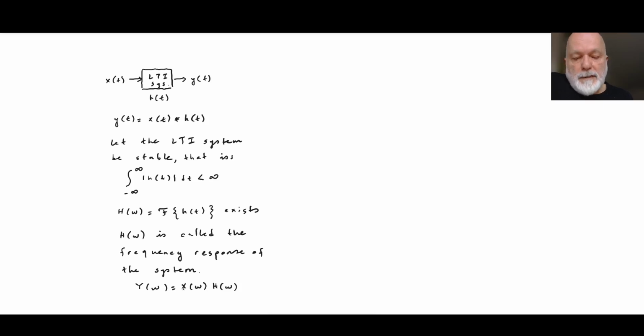Now, first of all, let us explain why we call the Fourier transform of h of t the frequency response of the system. Now, consider the case where x of t is the complex exponential signal e to the j omega 0 t. So omega 0 is a constant. We have a constant frequency and we have the complex exponential signal.